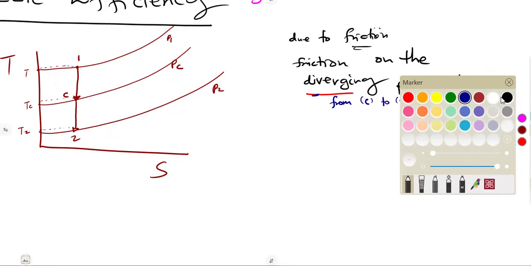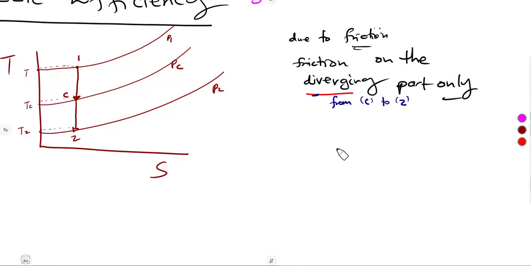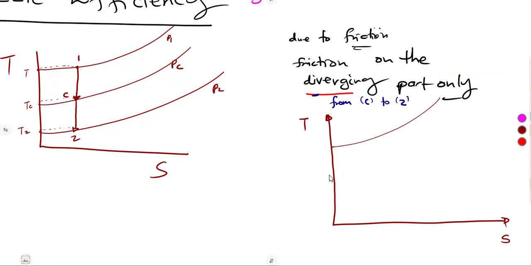So our diagram is going to be affected. We are going to see our TS diagram this way. That's our temperature, entropy, like this. This is what's going to happen, as we had previously. Here from P1, this is our throat, this is our P2.